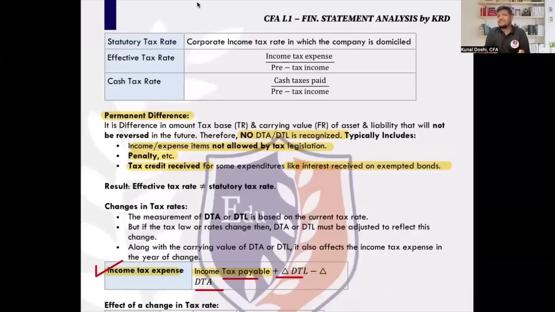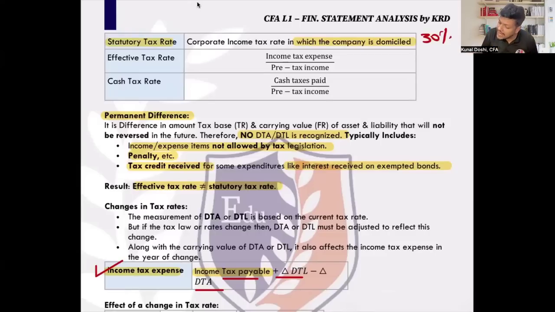But how do I identify whether it's a permanent difference or not? Well, you need to compare two things: effective tax rate and statutory tax rate. Statutory tax rate is the tax rate decided by the government. For example, the corporate tax rate in many countries is 30%. In some countries, where it was recently introduced, it is around 9 to 10%. In many countries, there's no corporate tax also. So it is decided by the state. That's why it's called statutory.